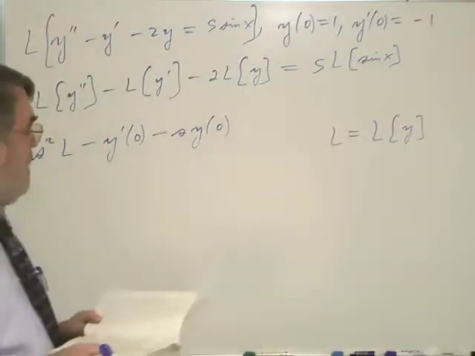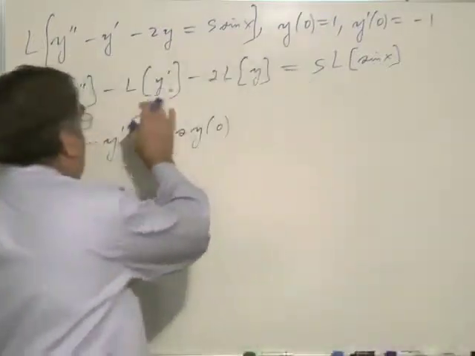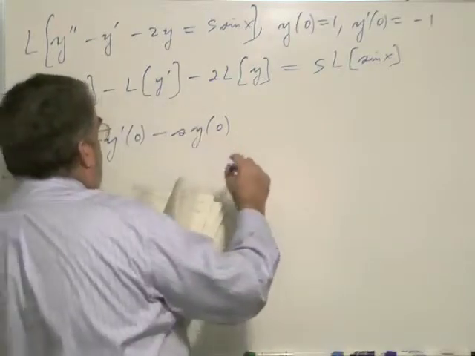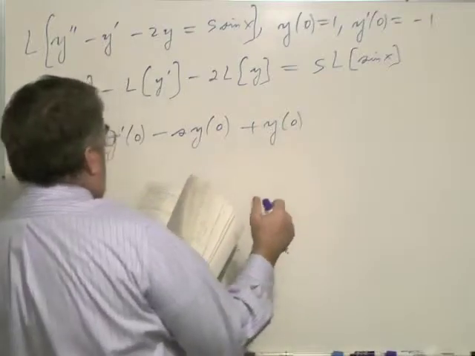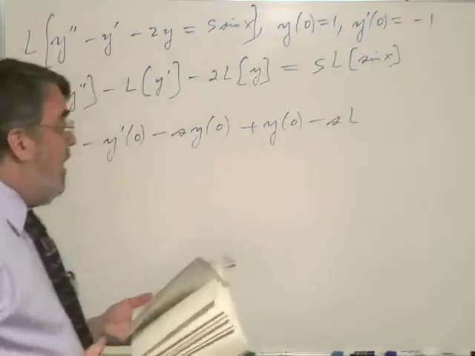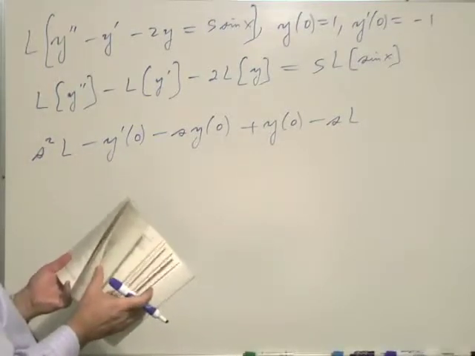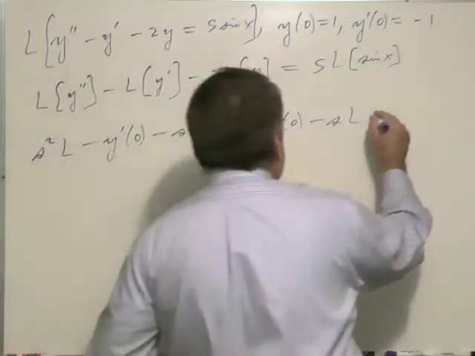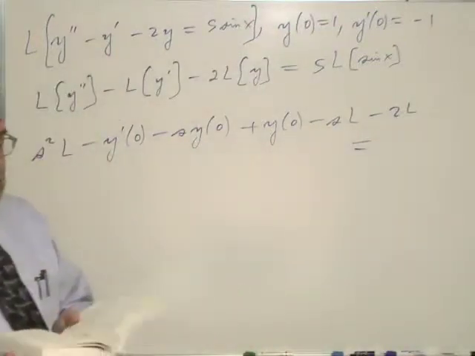Now the minus L of y prime: when I subtract L of y prime, I get plus y at 0, and then minus sL of y, which I'm just going to write as sL. And then minus 2L, equals 5 times the Laplace transform of sine x.